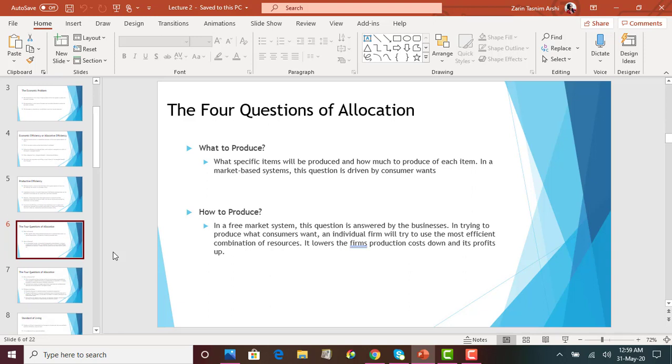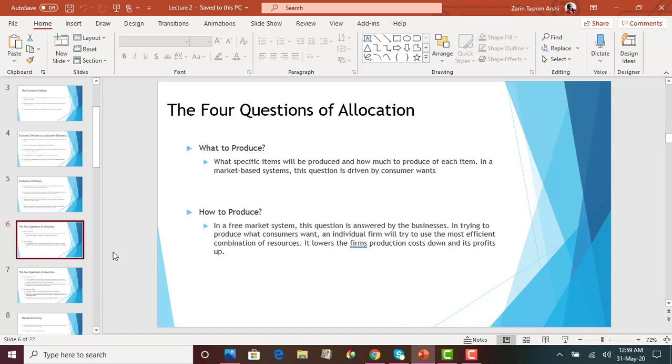So again, because resources are limited in quantity and our wants are infinite, we have to allocate or distribute the resources. And when we are allocating the resources, there are 4 questions that we have to answer. The first one is what to produce. What goods or services will be produced? Should we produce leather jackets? Should we produce wool jackets? Should we produce clothes, or should we produce cars?